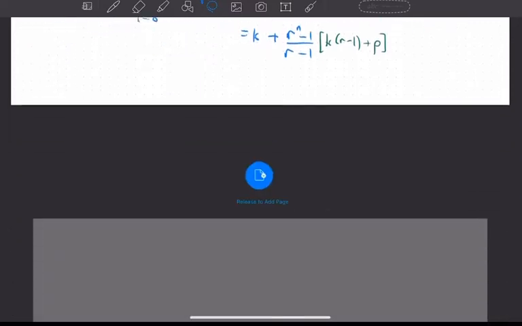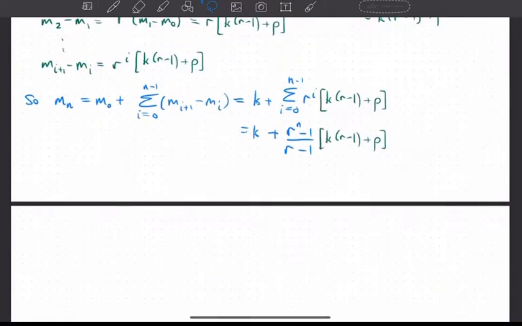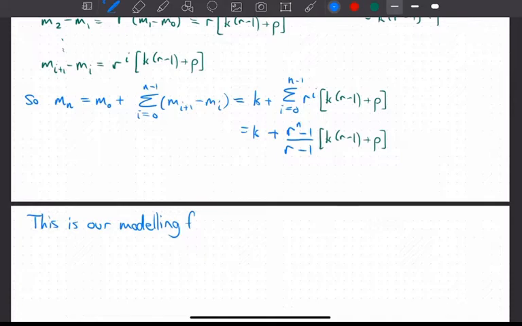Okay, so this is our modeling formula. This is not difficult math, but it's sort of important math. So I'm going to write it down because we're going to use this for the rest of the class, more or less.